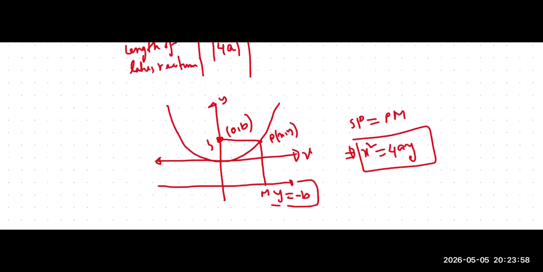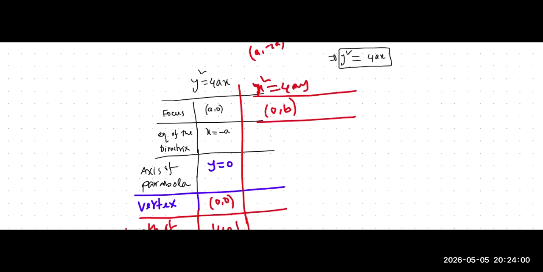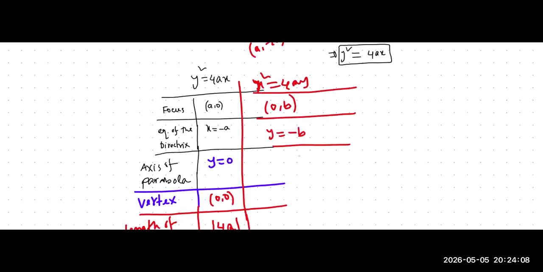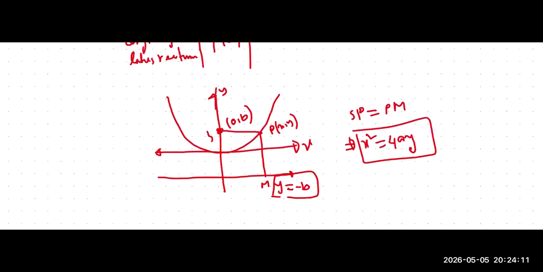So in our previous case, the equation of the directrix was x is equal to minus a. In this case, y is equal to minus b. And the axis of parabola, in this case, is the y-axis, and the equation of this y-axis is x is equal to 0.